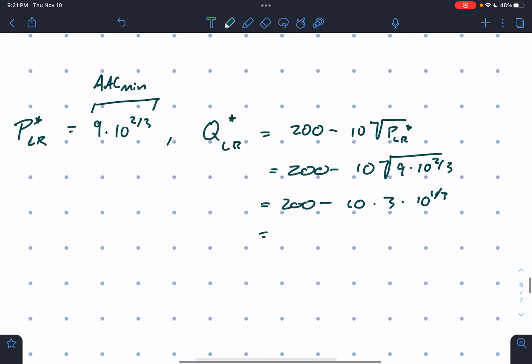It simplifies a bit nicely. Not really. I'm going to figure out what this is in real time. Sorry if there's a bit of a delay, but I'm curious.